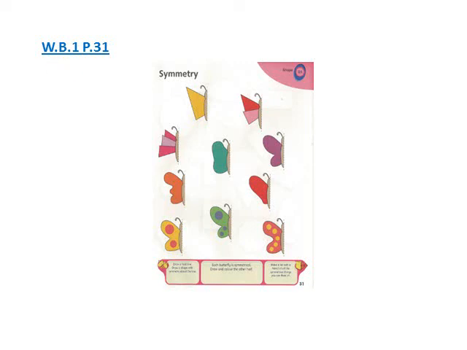Okay, in workbook 1, page 31, you have here some pictures of butterflies. We know that the butterfly is a symmetrical shape or picture. Why? Because I can draw a line exactly in the middle and I get the left part and the right part exactly the same. But here, he only drew one part.